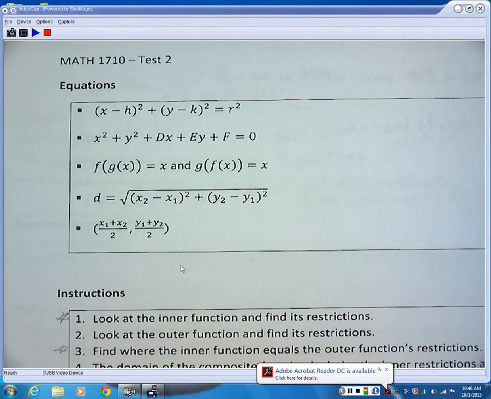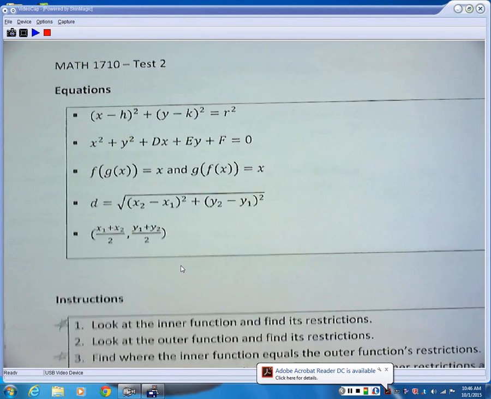I think I added them last night to D2L content. You don't have to memorize these, but you do have to know what they mean. You get this formula sheet, but it's blank without information on it. So what are these things?